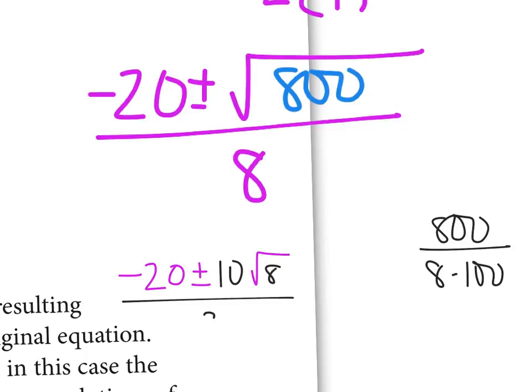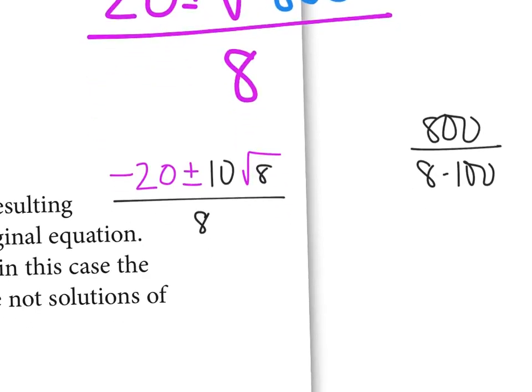Nope. Just 10. Why just 10? Yes, because the square root of 100 is 10. So I can bring that 10 out. Could I do that? Yes, because if I think about 8 is really 2 times 4, the same thing can happen here because I can take the square root of 4.